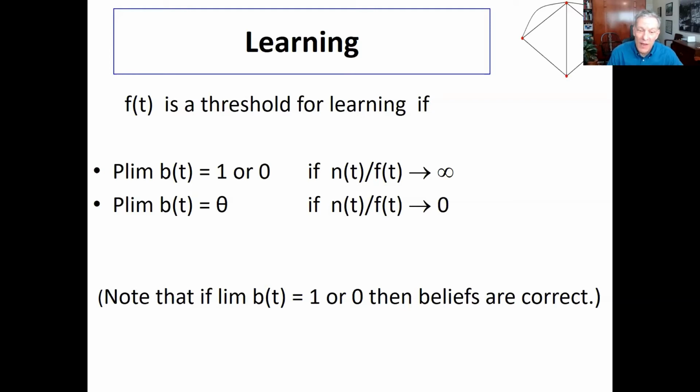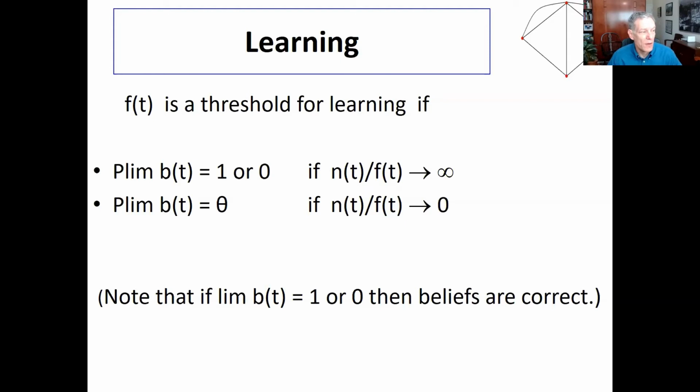Or if the number of messages I see relative to f of t is small, then I'm going to get my belief being the original prior probability. So this is a threshold for learning, the standard threshold in terms of a phase transition. If I have a larger number of messages, I'm going to be learning. Smaller number of messages, I'm going to be learning nothing.